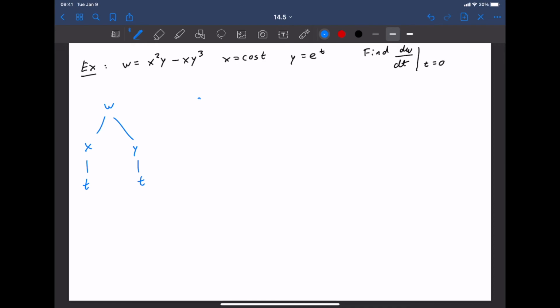So when I try to take the derivative of W with respect to time, I'm going to make sure I follow my X branch. My X branch would go dW dx times dx dt plus my Y branch, my dW dy times dy dt.